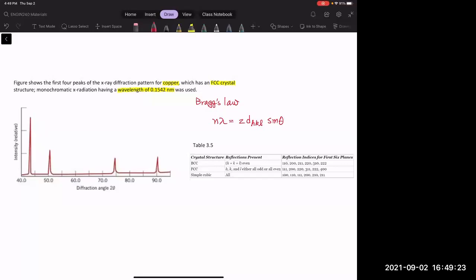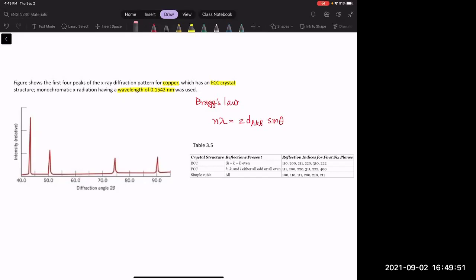So this theta is the angle when you rotate the sample at a certain angle. And if the distance between the planes is d, and we can find that out, then we use this equation to find out the lambda. Well, if you know the lambda, then you can find out the d or find out the theta, depending on which one you have.